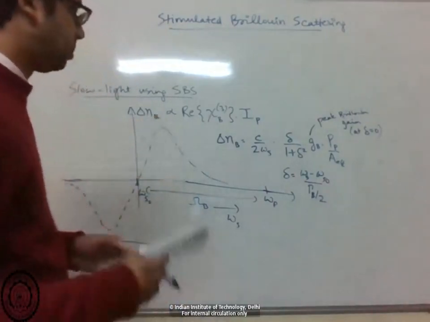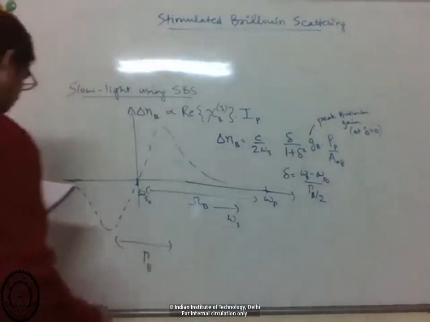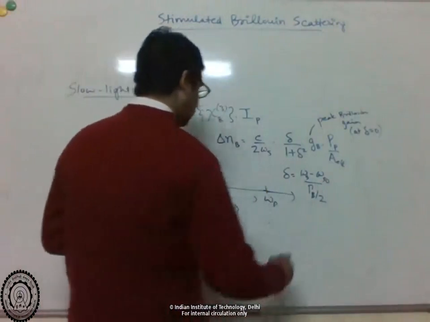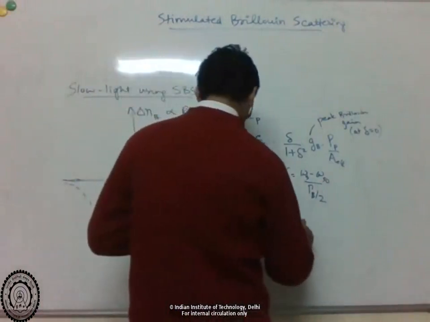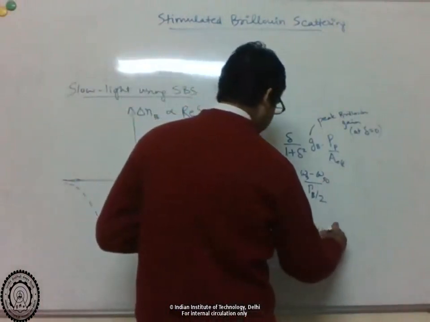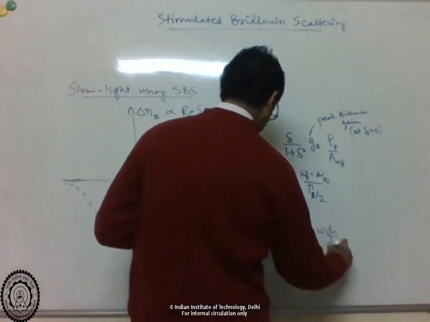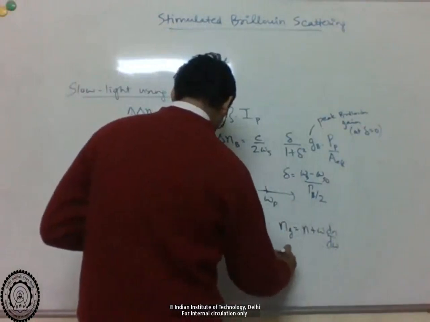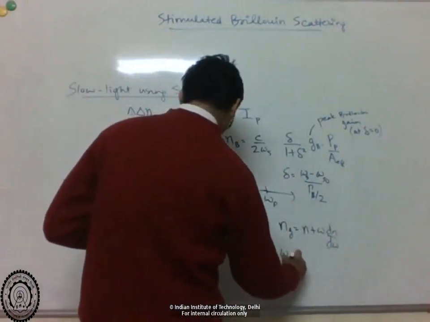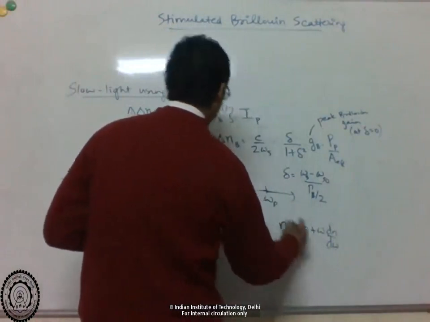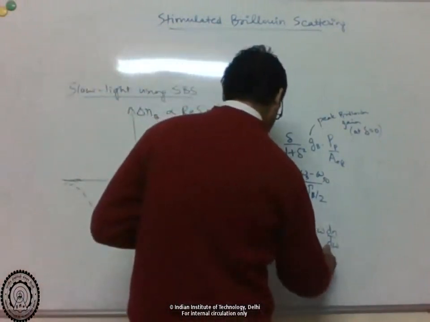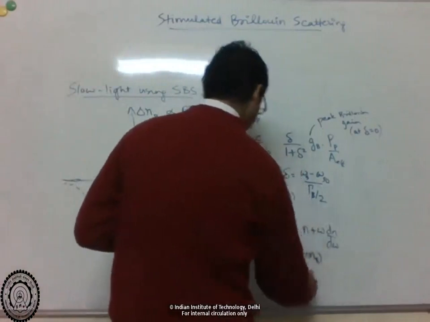Okay, if you plot the group index, the change in group index due to Brillouin is the derivative of the change of this index.